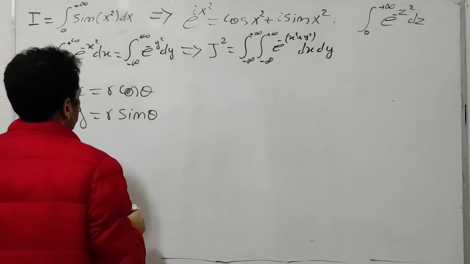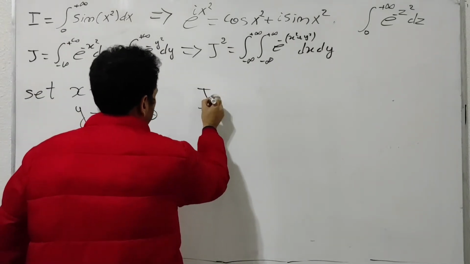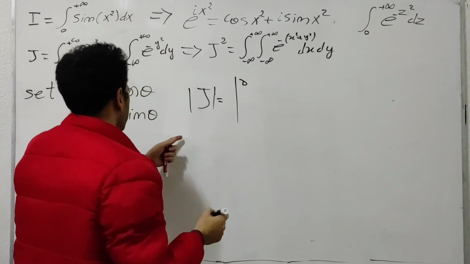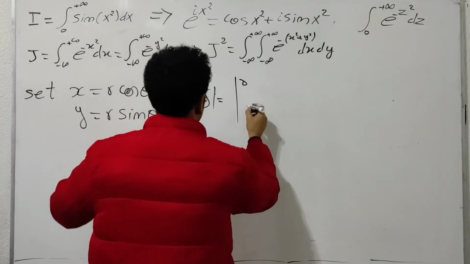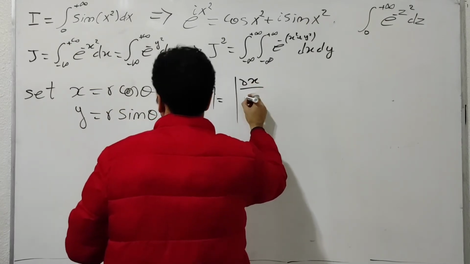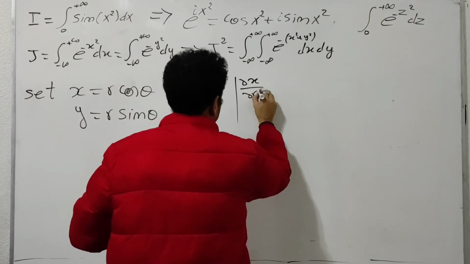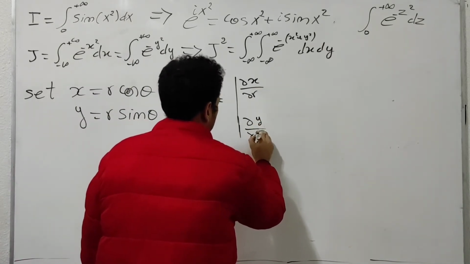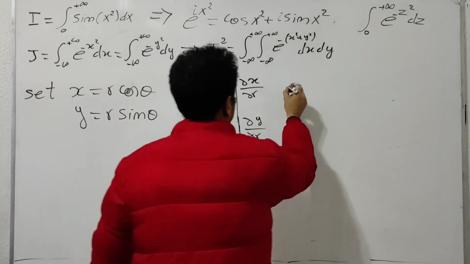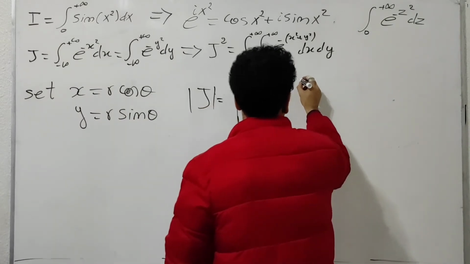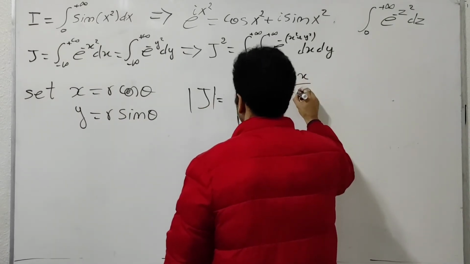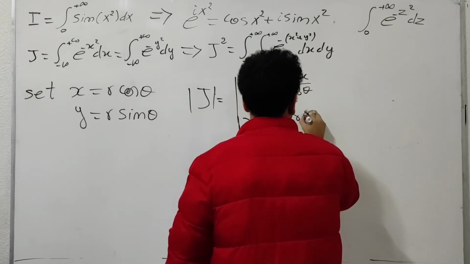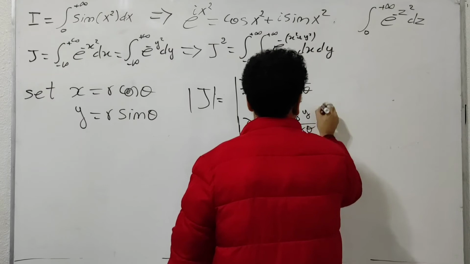Okay, for the Jacobian, we take the determinant: the partial derivative of x with respect to r, the partial derivative of y with respect to r. For the second column, I will get the partial derivative of x with respect to theta, and the fourth one, the partial derivative of y with respect to theta.